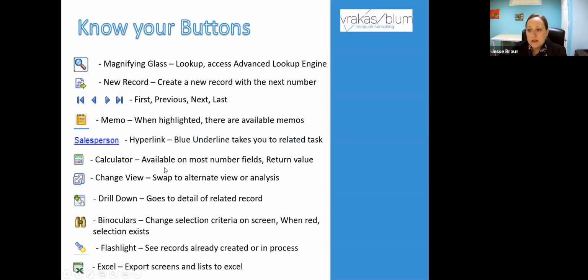So the calculator button is available on most number fields in the system. And one of the cool features that I think not everybody always knows about is that you can click the calculator button, it pulls up your calculator, you can do your entry, and there's a return button on the calculator. If you click return, it will take that final value of whatever you've calculated in the calculator and enter it into the field that you click the calculator button on.